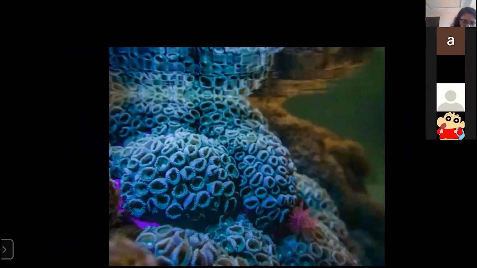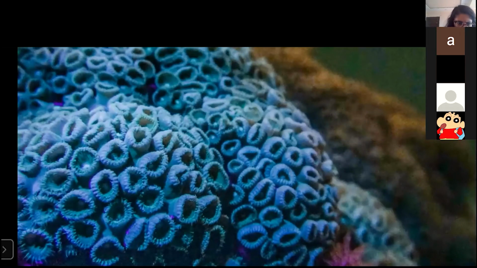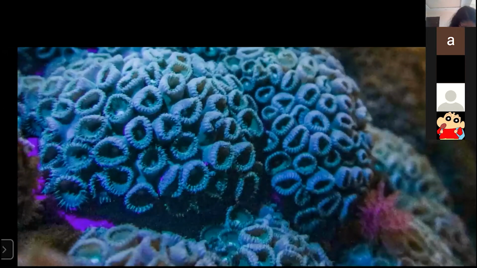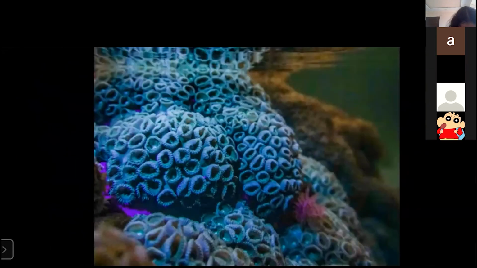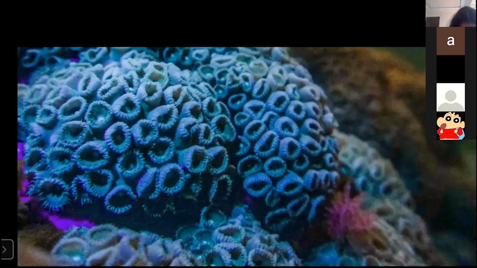So basically here you have an image of an adult coral. This is actually not exactly a coral. This is called a zoantid, but it's a very close relative of a coral, and will help me explain it much better. A coral is not an individual animal. It is actually a group of many smaller animals living together.